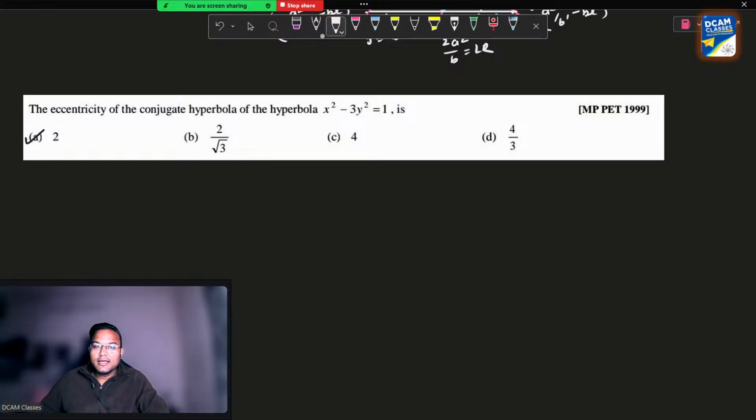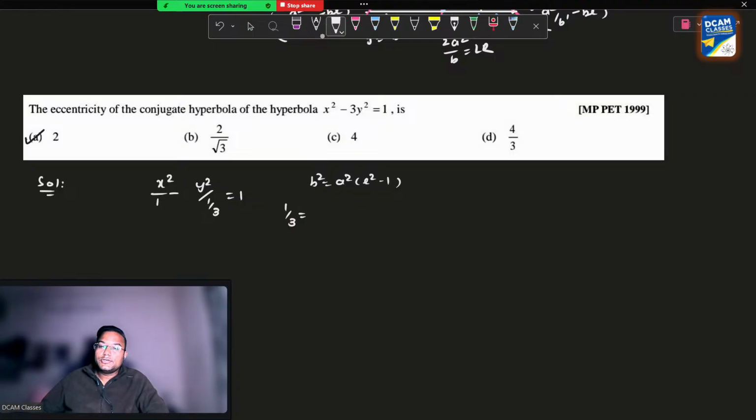See, one more relation is there. The given hyperbola is not a conjugate hyperbola. This is a normal one. Its equation is x square by 1 minus y square by 1 by 3 is equal to 1, because b square is equal to a square into e square minus 1.